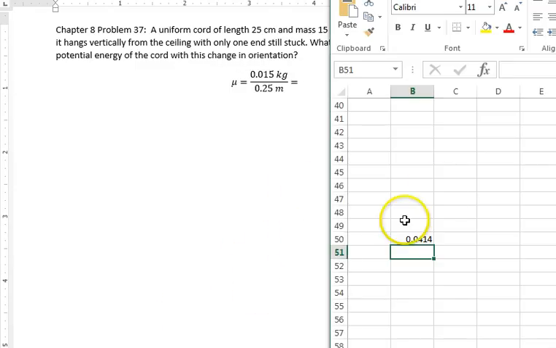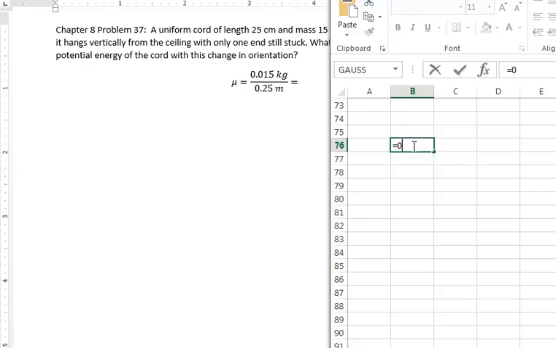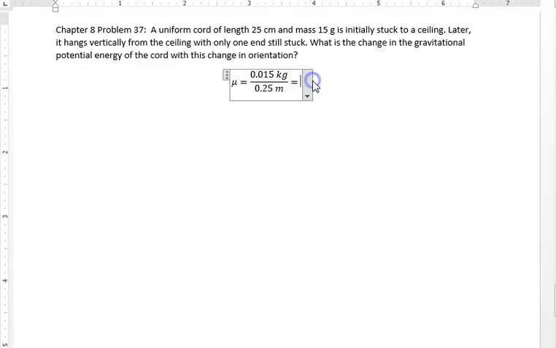Okay. 0.015 divided by 0.25 is 0.06. 0.06 kilograms per meter. That's its linear density.